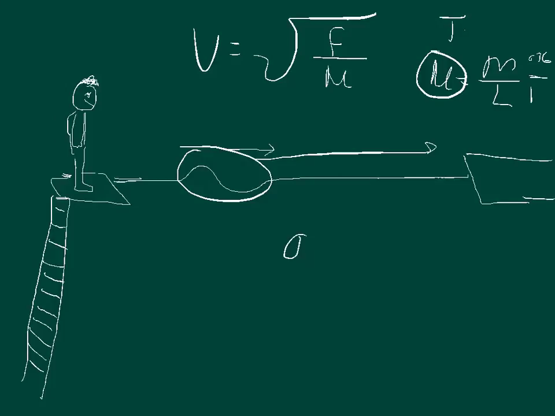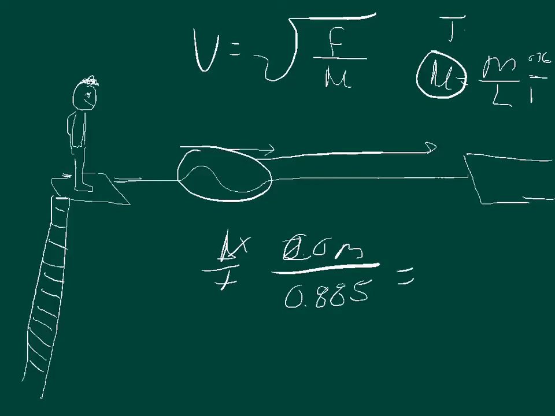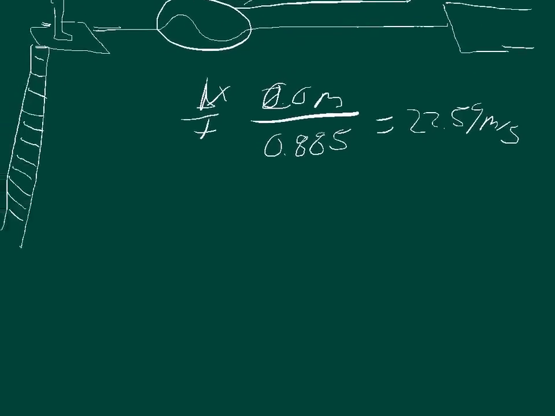So our velocity is our change in x over time, the change in x being 20 meters and the time being 0.885. And so our velocity is equal to 22.59 meters per second.